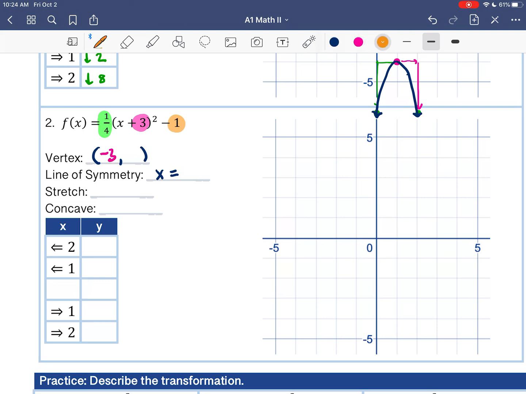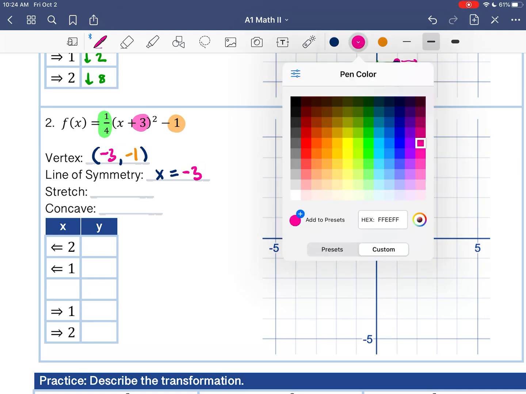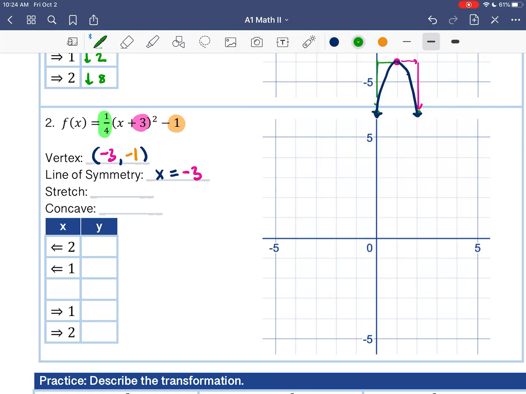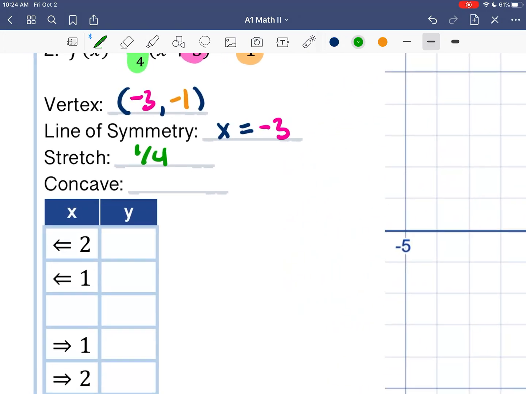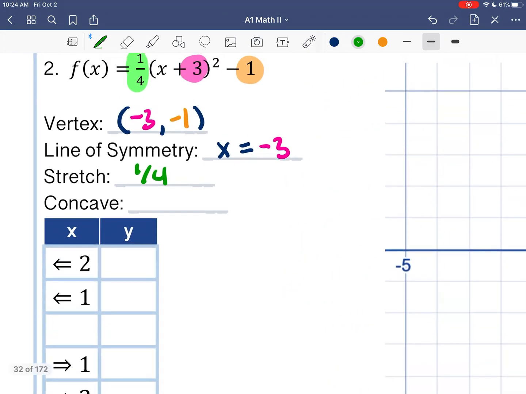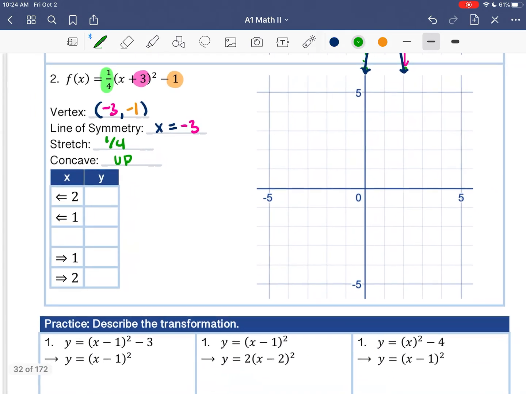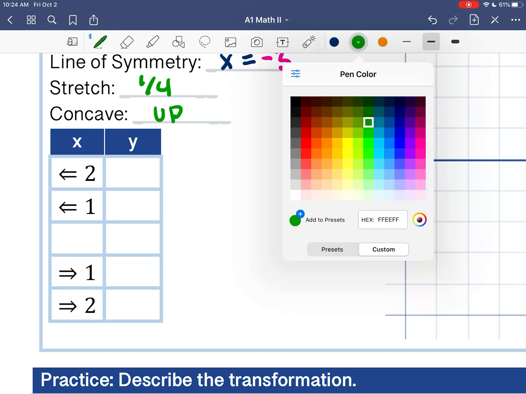So our vertex is going to be at -3, opposite sign, remember, and -1. And our line of symmetry is just at x equals -3. Our stretch is a 1/4, which means it's going to be a 1/4 as tall as it usually is, and it's concave up because that a value is positive.